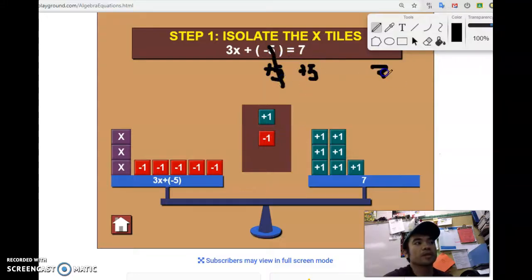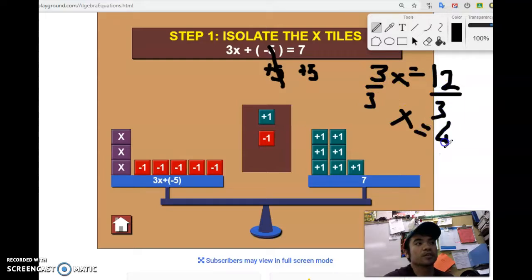And we know that 3x equals 7 plus 5 is actually 12. Then how do I find x? Well, I have to divide by 3 on both sides, and I get x equals 4. Okay? Let's see if we're correct using our models. So we said we need to add 5 on both sides.